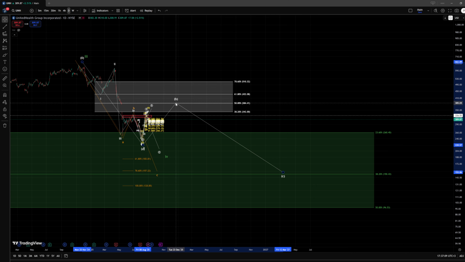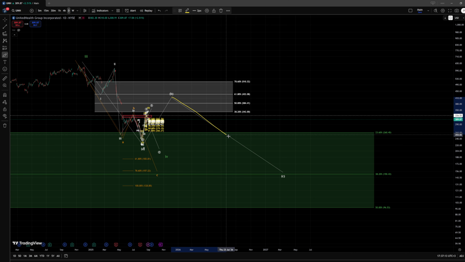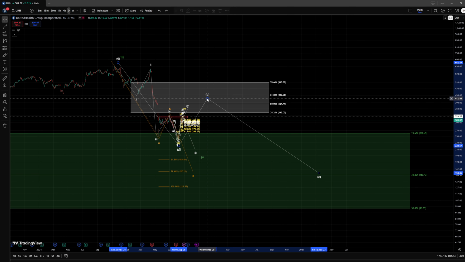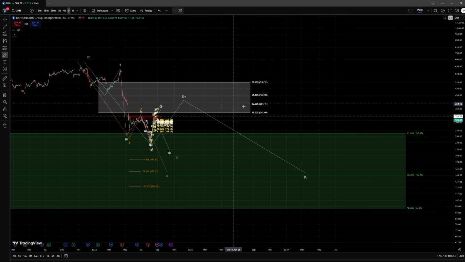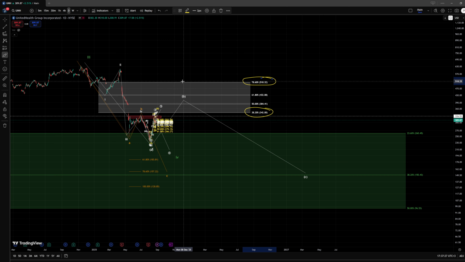which we are looking to form a B wave that would allow then continuation to the downside in a larger C wave. And this B wave is expected to reach the resistance area between $342 up to around $510 level at the 78.6% retracement.